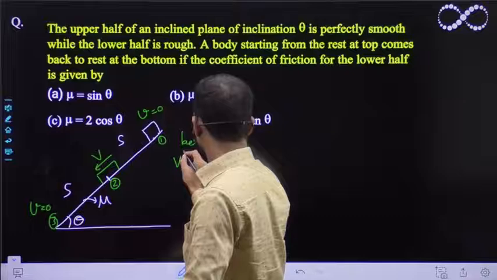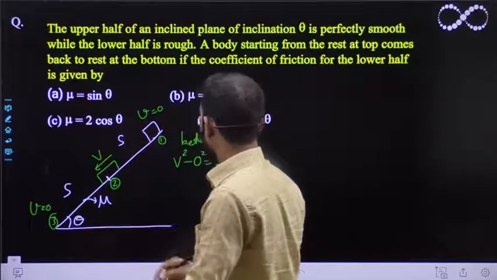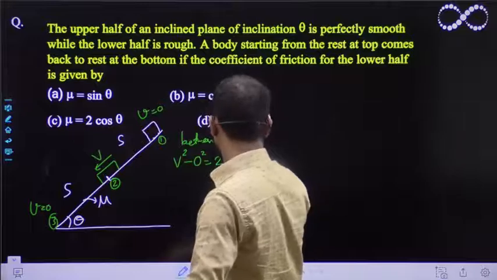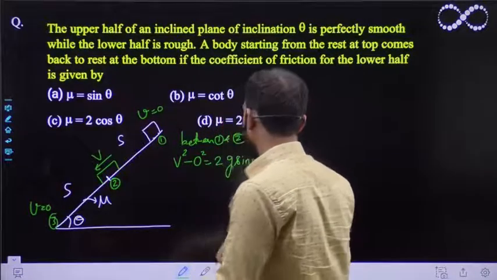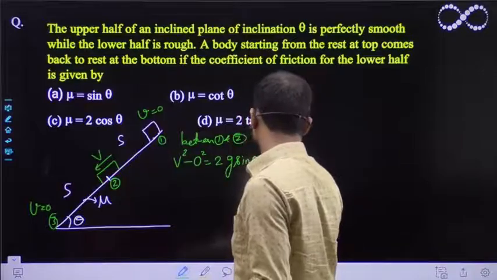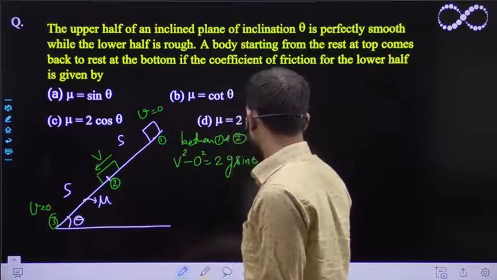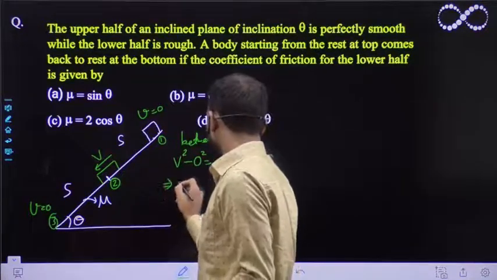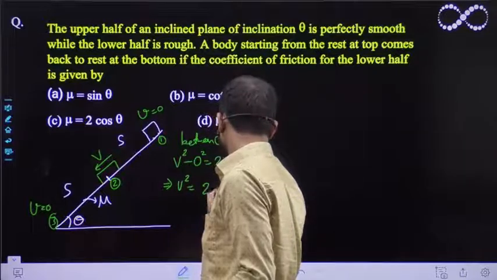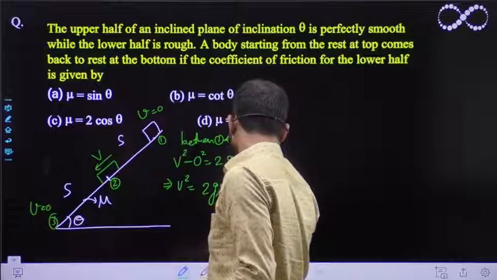So v square minus u square, where u is 0, is 2a, and a will be g sin theta, times the displacement s. I have taken the downward direction as positive, so s will be positive and g sin theta will also be positive. So I get v square is equal to 2gs sin theta. Let us call this equation 1.